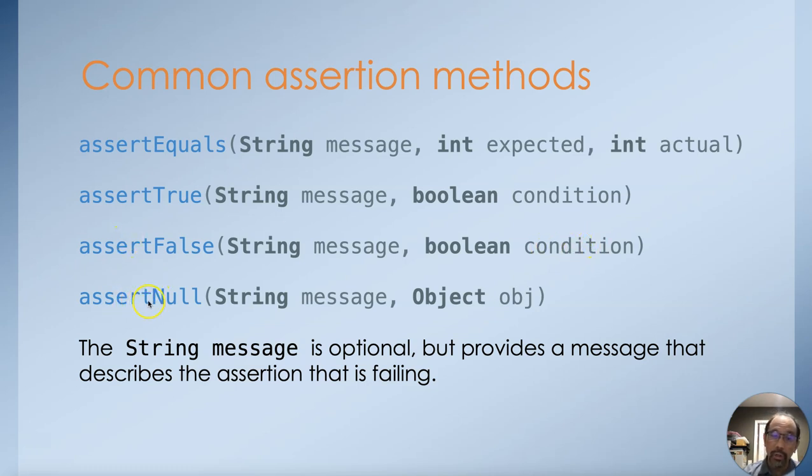I also have an assert null, which says this object here should be null. And there are, again, many more assertion types, and if you want to look them up, you're welcome to study the documentation. On top of checking whether these two inputs are equal to each other, I could also put this optional string message in front of all of these assertions. This will be a string message that gets printed out when one of these assertions fails.